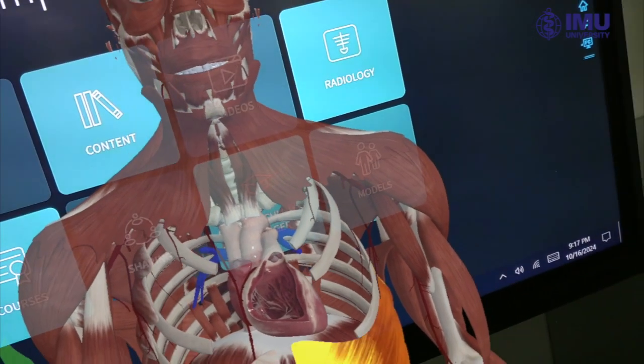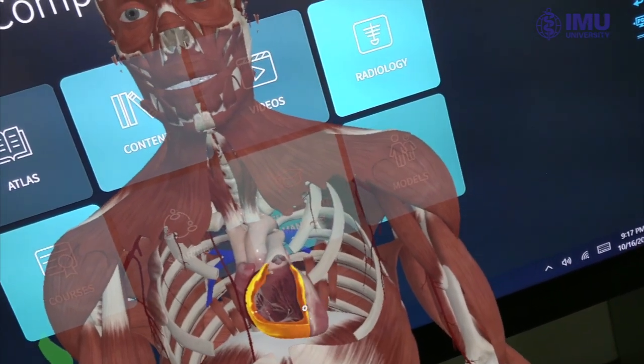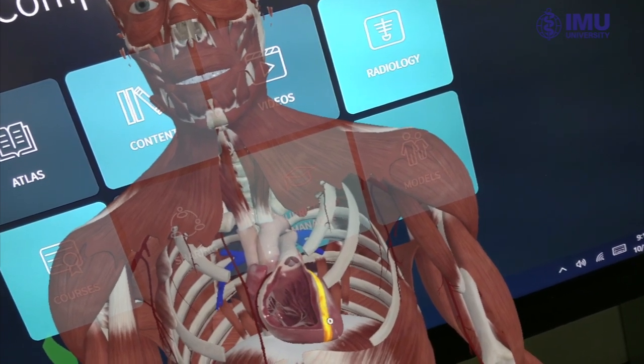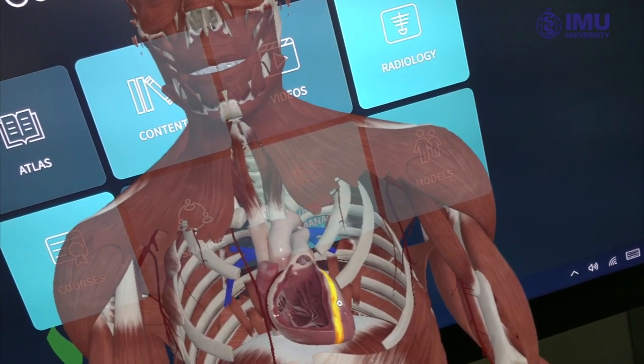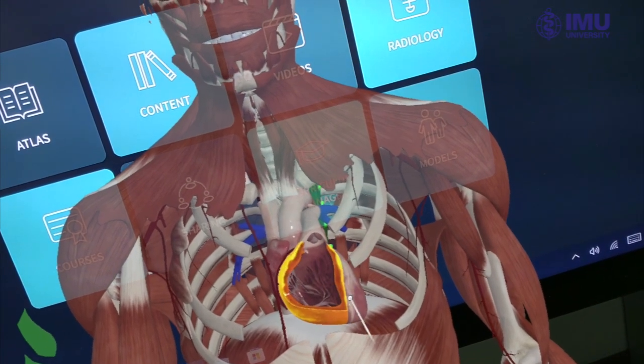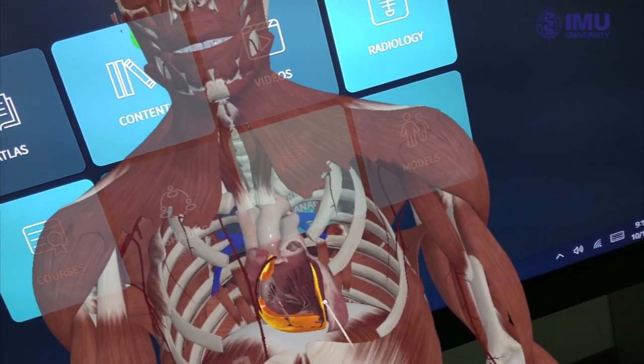So let us look at the interventricular septum, and we can remove the interventricular septum. In that case, we can see the right and left parts of the ventricle well.